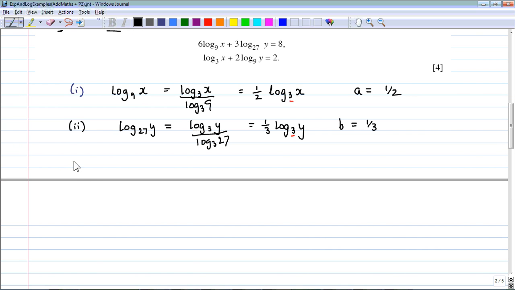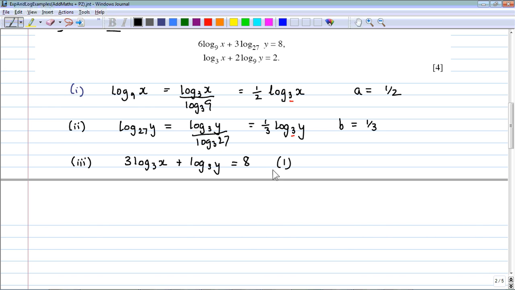I have 6 log base 9 of x, which is 6 over 2, so that's 3 log base 3 of x, plus 3 log base 27 of y, that's 3 times 1/3 log base 3 of y, so it's plus log base 3 of y, equals 8.